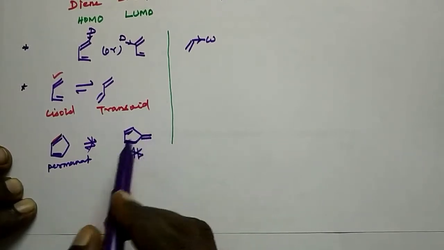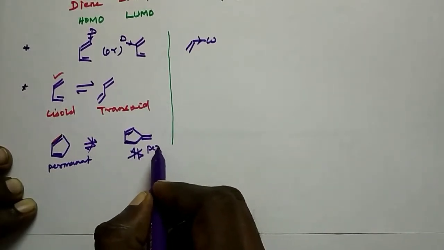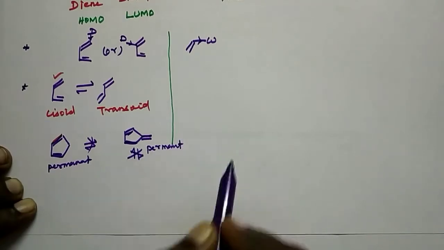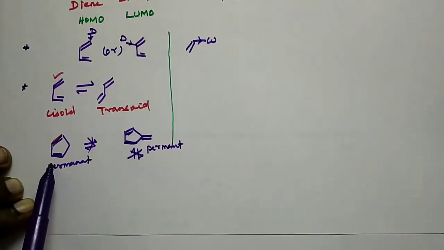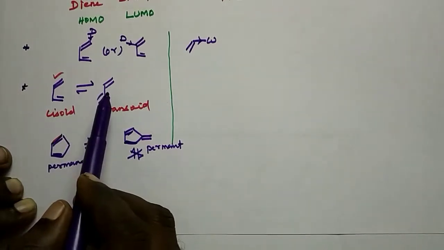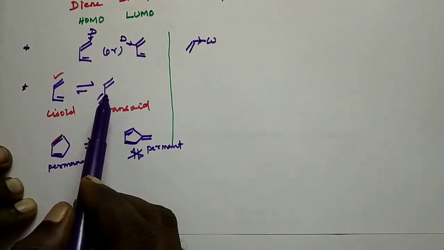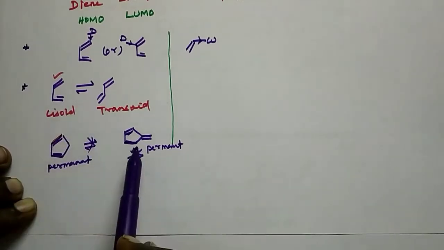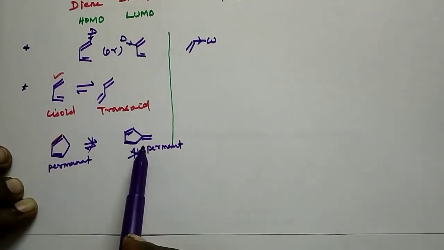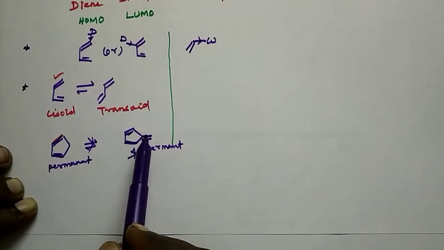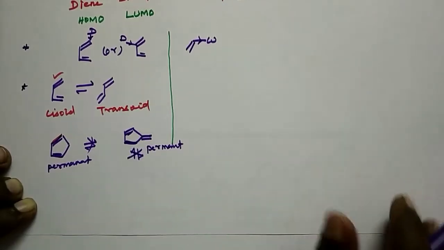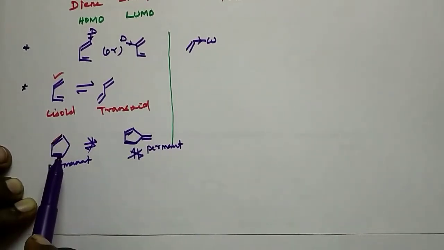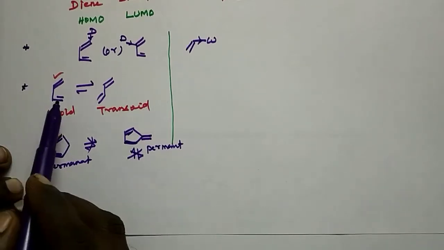So transoid is locked, a permanent transoid. Open transoid can be used as diene because it can be converted into cisoid. But if it is cyclic, permanent transoid, it cannot be used in the Diels-Alder reaction as diene. But this one is a permanent cisoid, and it will be more reactive than open cisoid.